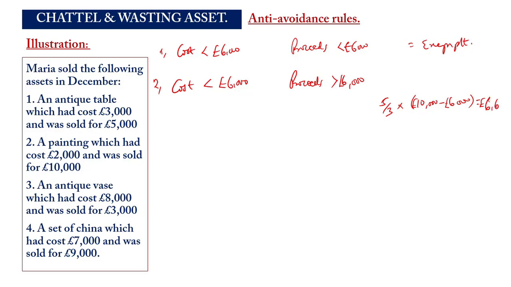So 6,666. This is the maximum that the gain can get to. So let's calculate the actual gain in the normal procedure. The actual gain is going to be 10,000, which is the proceeds, less 2,000, which is going to give us 8,000 pounds. So since the 8,000 pounds is more than the 6,666, we're going to stick with this one.